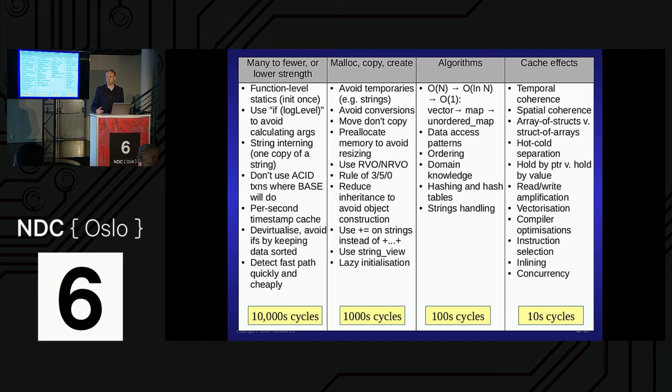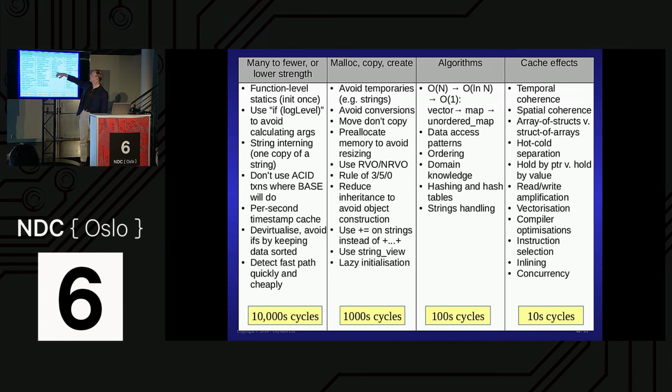If you use inheritance, avoid deep inheritance hierarchies because you've got a lot of constructors to call. That's much less of a problem than it used to be. String_view, as I said, avoids allocations. Watch out on algorithms. You may find you can choose between order n, log n and 1, going from vector to map to unordered_map, or your own hash tables, which are very useful.